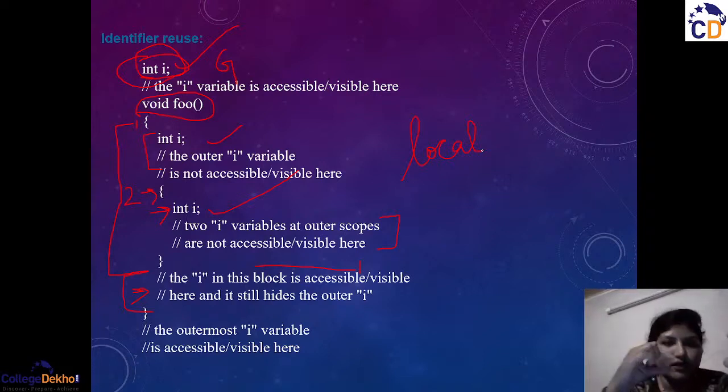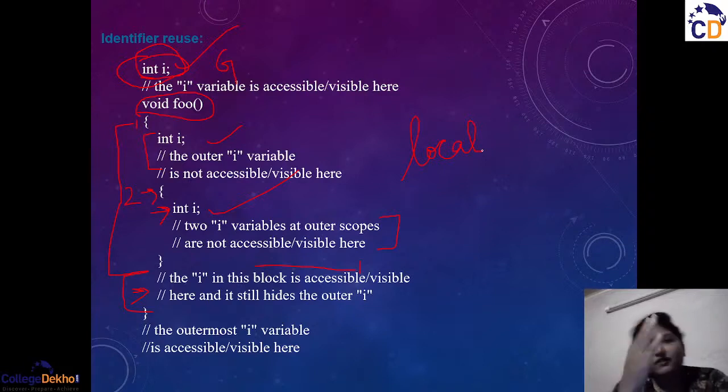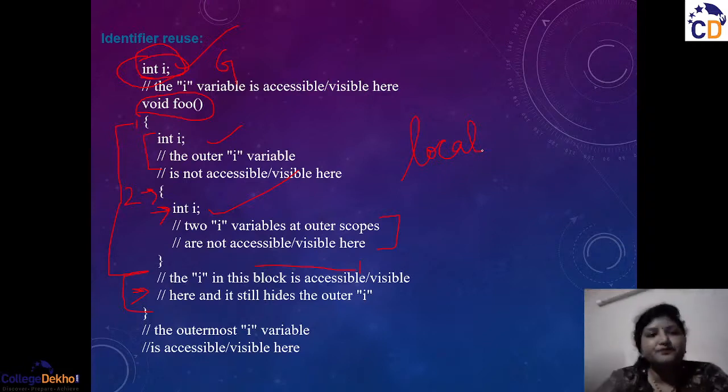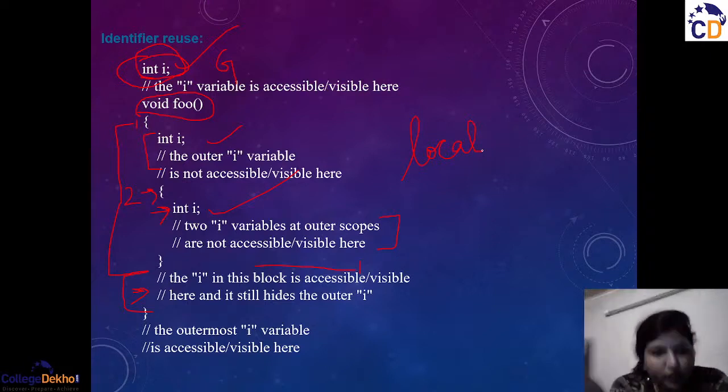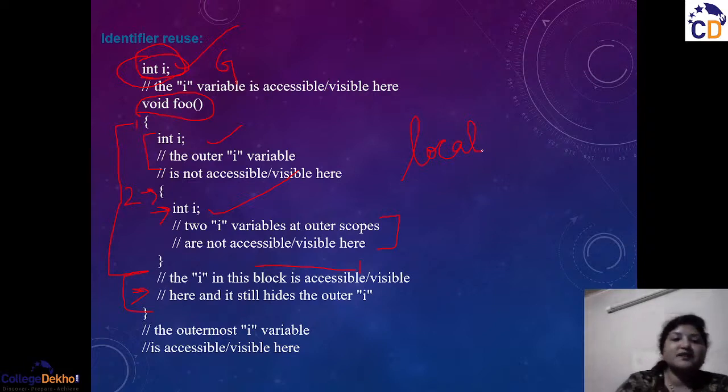Another block is not able to access the value of i. Suppose I put i equal to 10. It would remain for this particular block only. You cannot have i equal to 10 in the other block. Whereas the first statement is a global variable, and I may reuse it within a number of functions according to the scope of the variable.